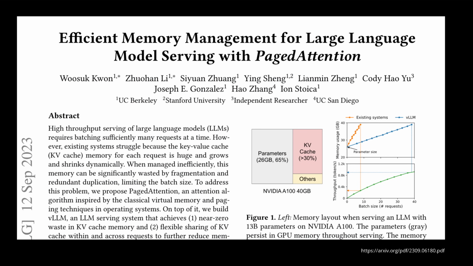But remember, it does not happen overnight, because if you look here, Berkeley and Stanford also had a publication on paged attention. Remember, this was the basis where they started for this new methodology. And this happened at the beginning of September 2023. And now they outperformed even this paged attention by 400% just 2 months later.